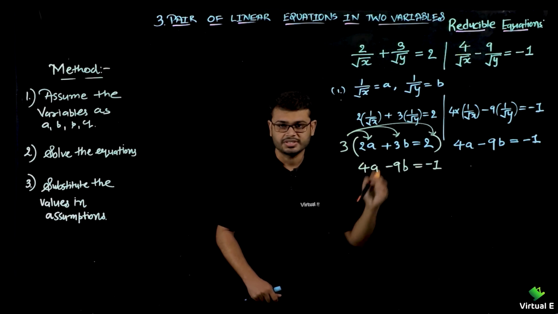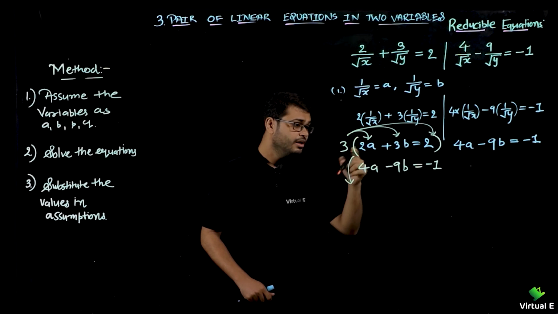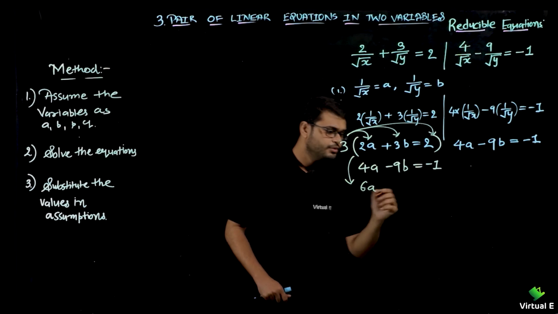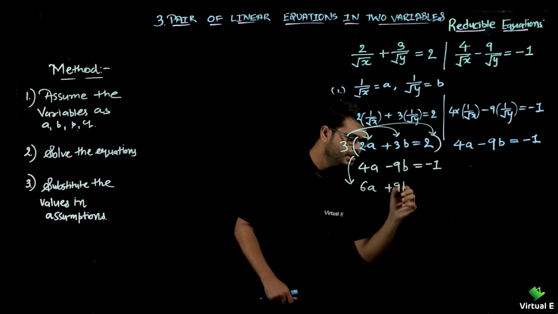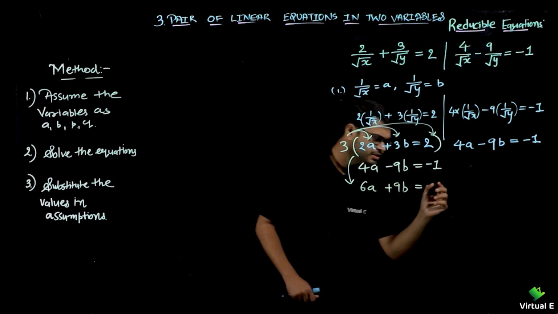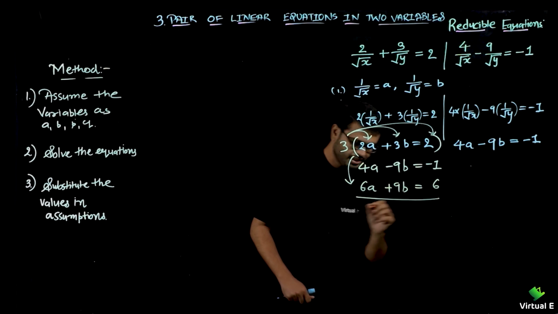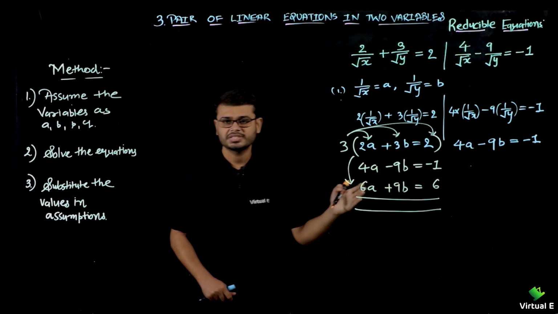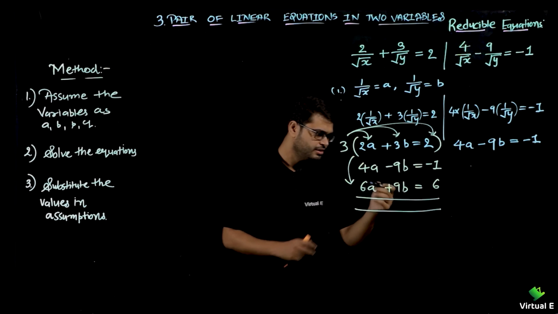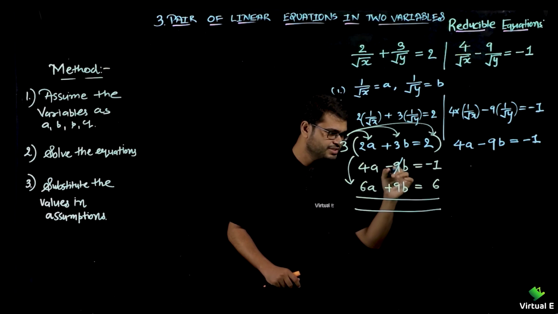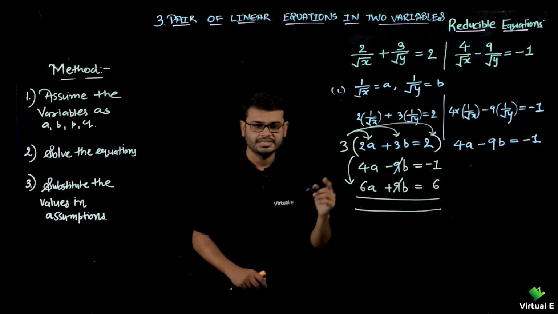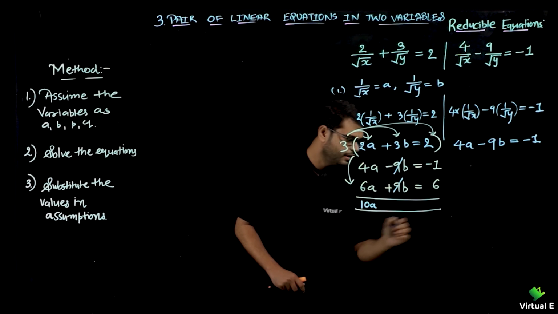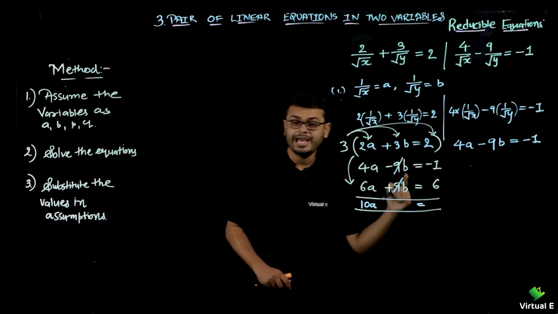Most importantly, the RHS. If I multiply this, I will be getting 6a, 3 into 3 that will be plus 9b, is equal to 3 2s are 6. Let me simplify it. I will be adding over here because minus 9b and plus 9b cancel out. 4 and 6, that will be 10a, equal to minus 1 and 6.